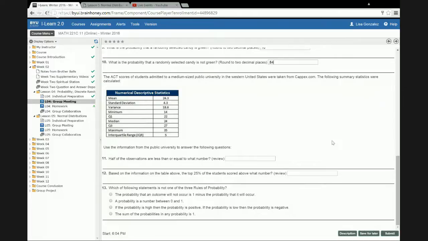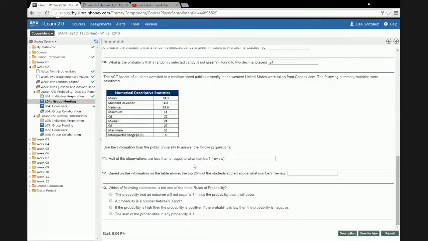So 11, half of the observations are less than or equal to what number? Okay, that would be looking for our median, right? I think so. I'm trying to remember exactly how to do that. Well, the median is the middle. Yeah, that makes sense. Or do we want the mean?